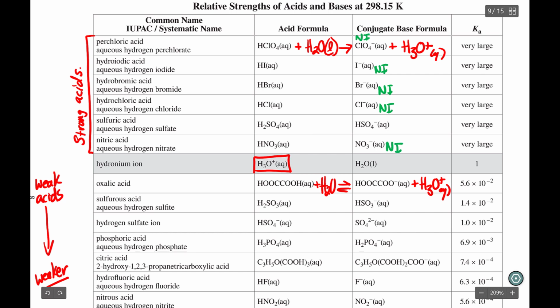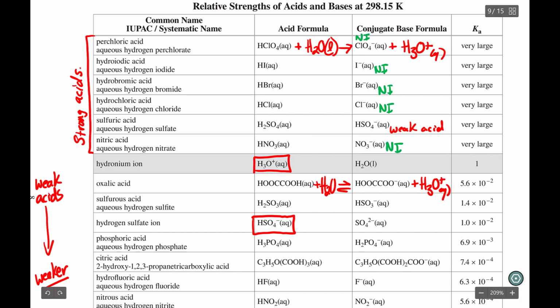The HSO4 is actually a weak acid, and you can see that because it's down here as a weak acid, it's not neutral. Now, let me try to explain to you why these 5 are neutral ionics using the definition of what a base is.